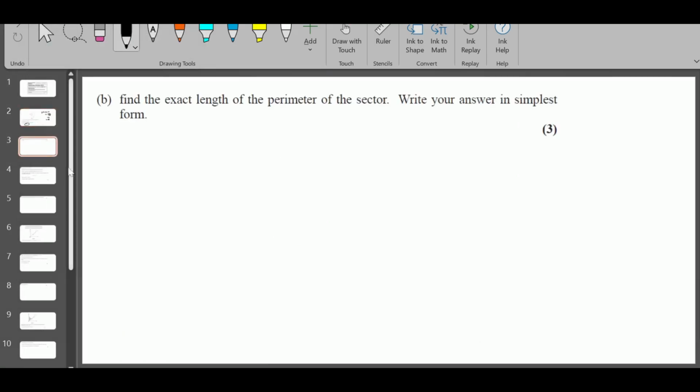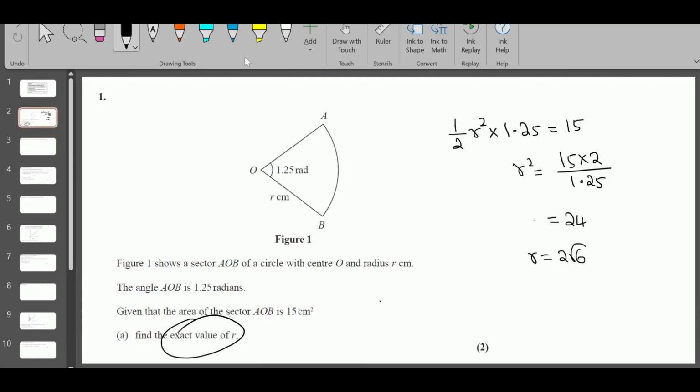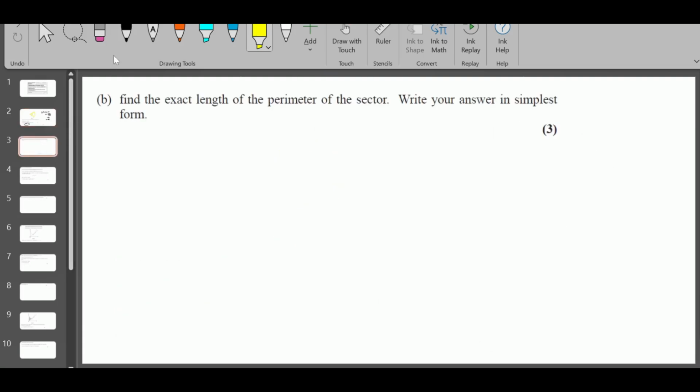Part B now. Find the exact length of the perimeter. To find the length of the perimeter, you need to add a radius plus arc length. So perimeter is equal to radius plus arc length. The formula is r theta, r times theta.